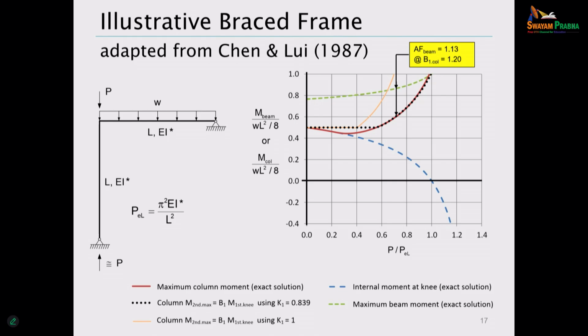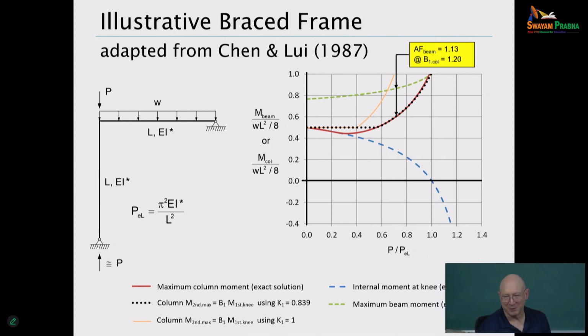So the B1 equation, basically what we find is until we get a little bit larger than P over PL of 0.5, so I'll use my mouse here to try to point, so right around here, up to that point, we're basically saying you just take your first order moment at the top of the column and use that as your estimate of your maximum second order moment.